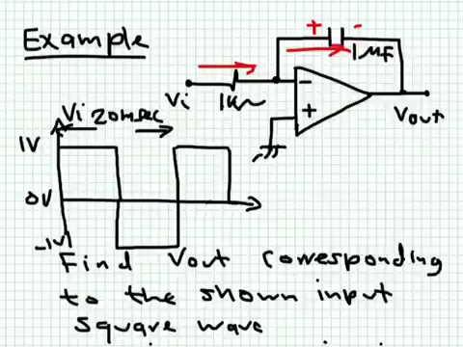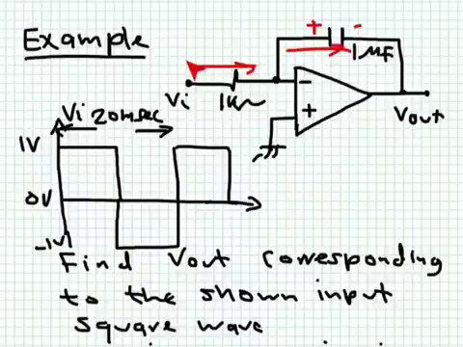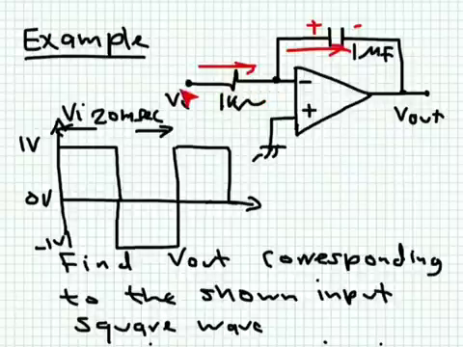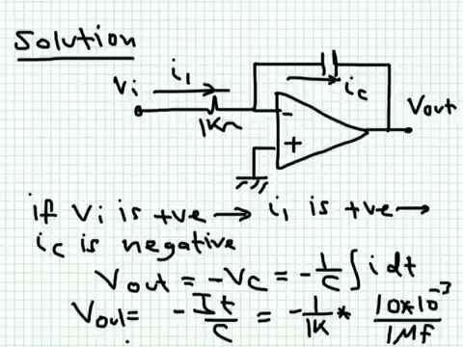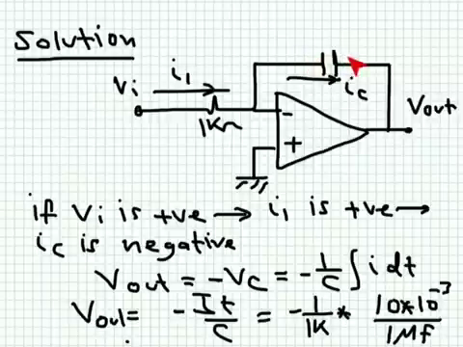Okay, so let's take a look at this one. Just keep in mind that this current will be flowing into the capacitor, will be used to charge the capacitor, and then in the negative part, this current will be flowing this way, so the current is flowing out from the capacitor, and the capacitor is discharged. Okay, so this is what we have here. The output voltage is equal to minus the capacitor voltage, assuming the polarity plus and minus.